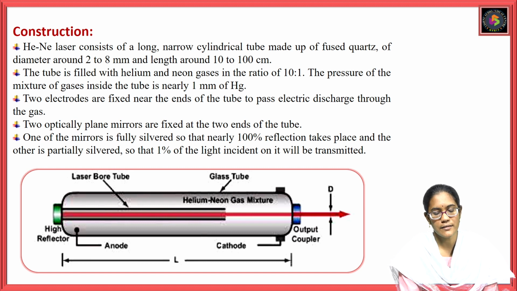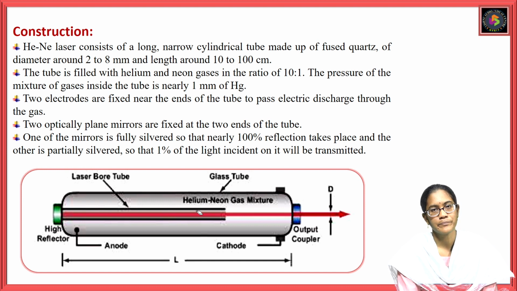And the other reason is that at high energy states, the helium energy levels and the neon energy levels have nearly the same energy, very close to each other, so there is a possibility to transfer energy from helium to neon very easily. So that is the second reason. With these two reasons, we are using the mixture of helium and neon gases.